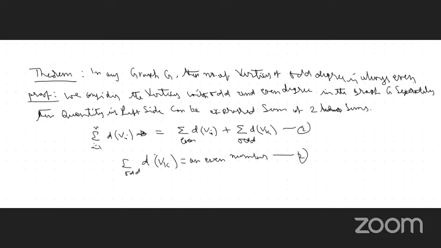This is equation number 3. Equation number 1 is the summation sigma i equal to 1 to n of degree of Vi equals 2e.